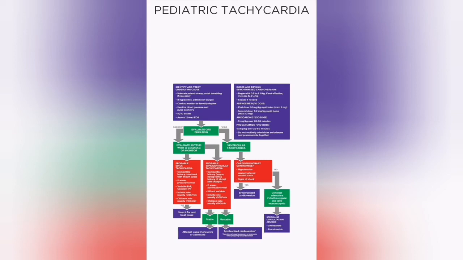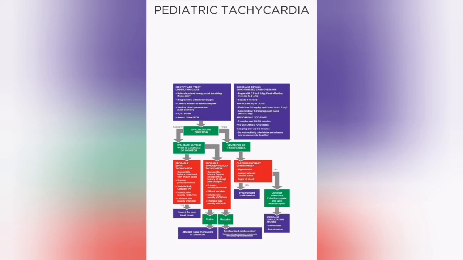If no response to initial adenosine dose, consider and prepare for a second dose of 0.2 milligram per kg. It will have to be double. Again, followed immediately by saline flush by double bolus technique. After these two, you have to prepare for synchronized cardioversion.